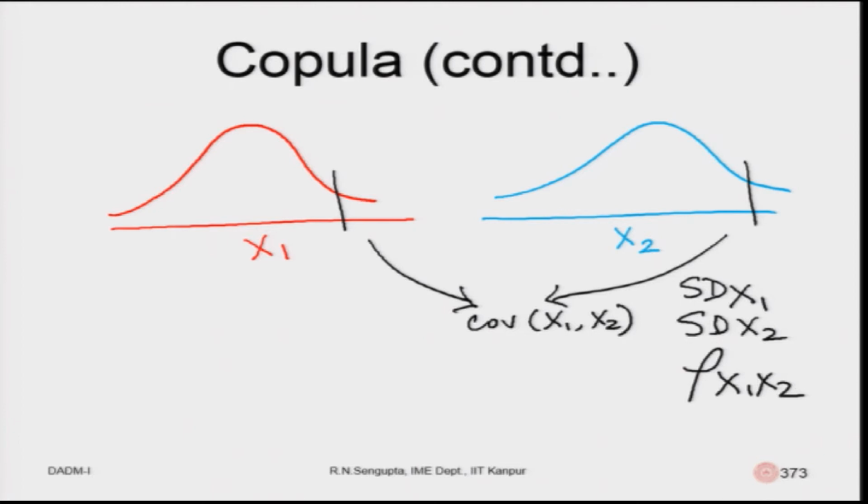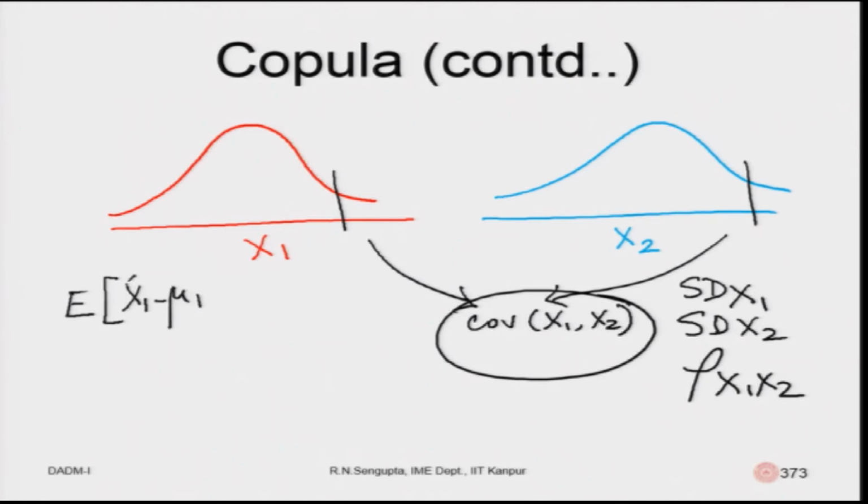In that case covariance is fine, it gives us a good relationship. Now, see, if I expand the covariance, the formula is actually this. So, this is the linear relationship in terms of x 1 and x 2.